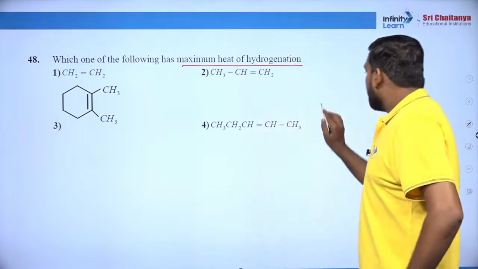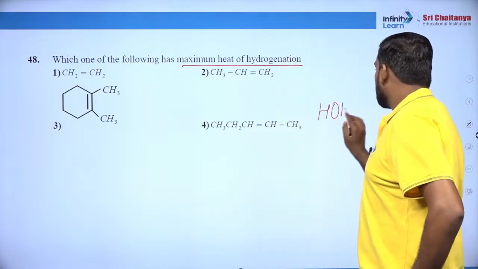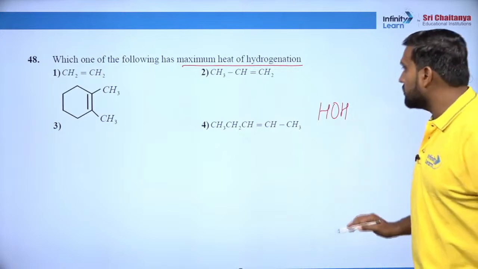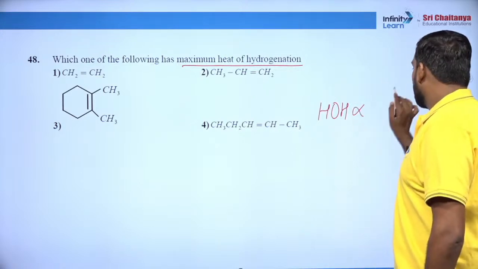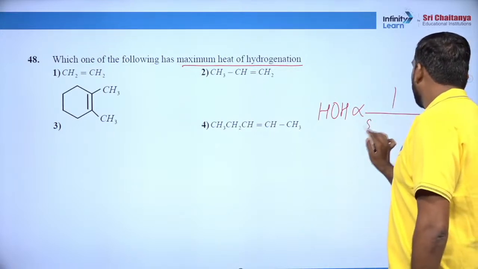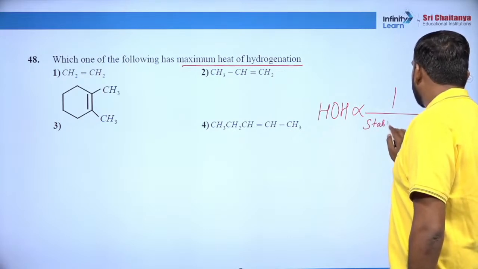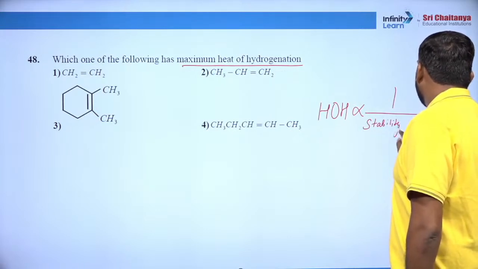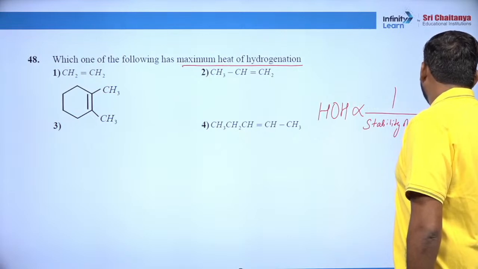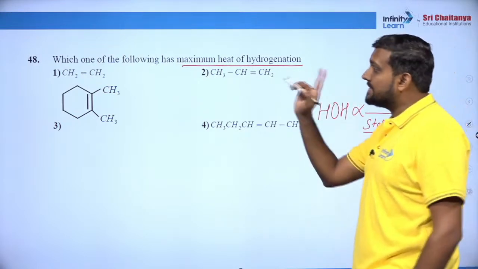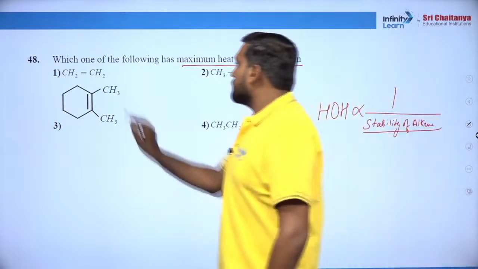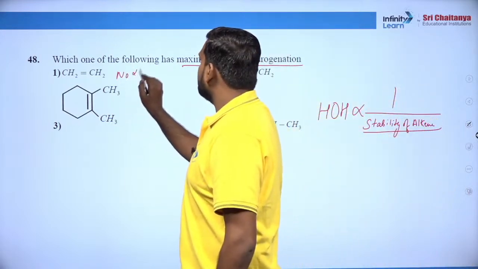So remember, the heat of hydrogenation, HOH, is directly proportional to 1 upon the stability of the alkene. So the lesser the stability of the alkene, the more will be the HOH. So we have to choose the least stable alkene. This one has no alpha hydrogen.